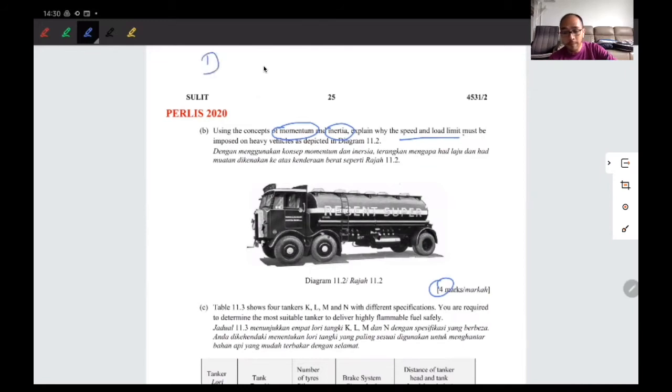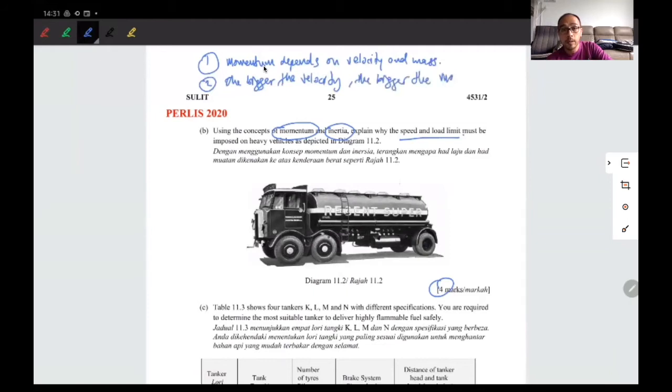Point number 1, momentum depends on velocity and mass. The bigger the velocity, the bigger the momentum. So there has to be a speed limit, so that your momentum doesn't get too big.